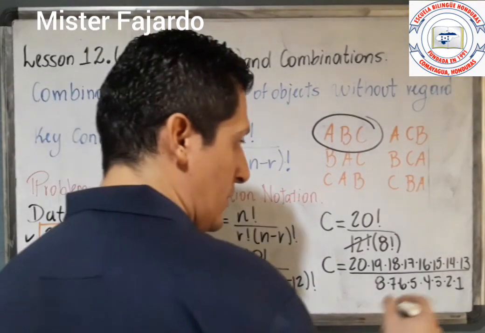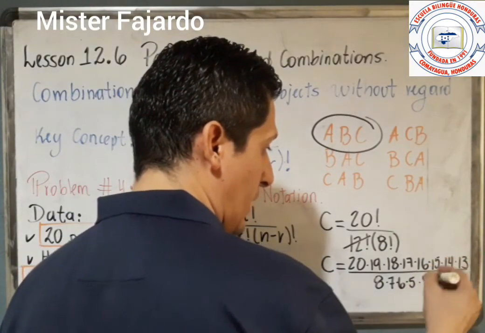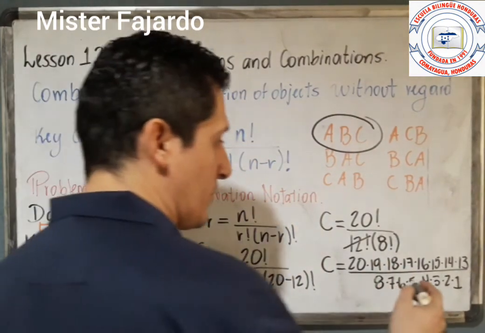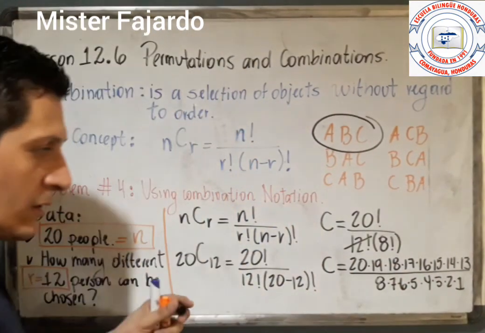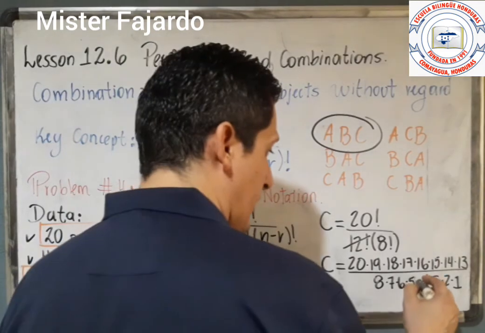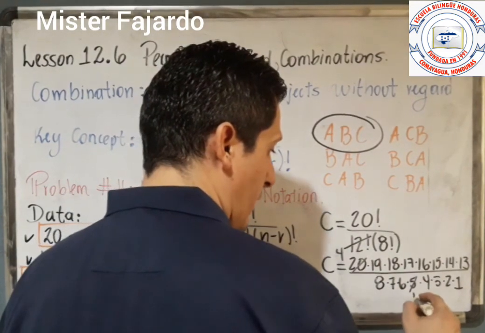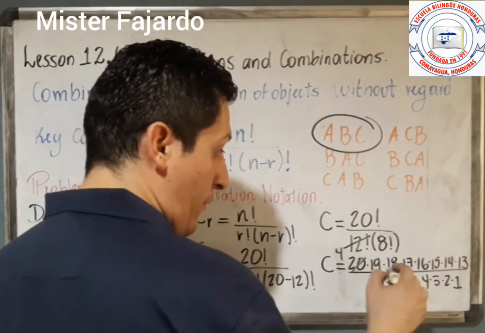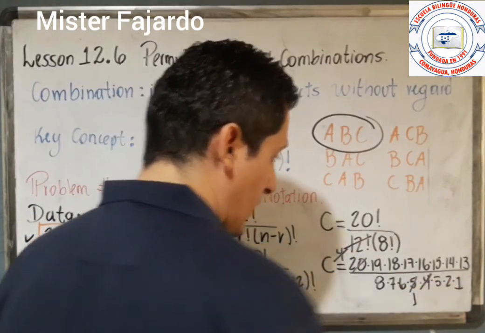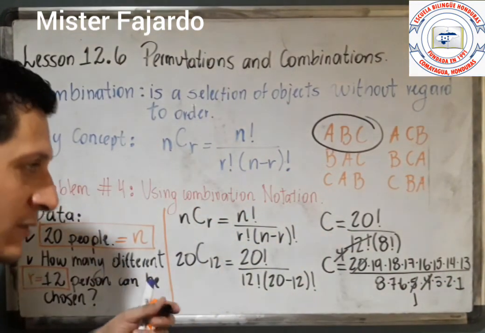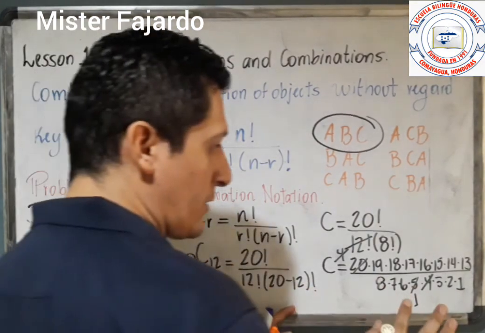You can also simplify some terms if you try. For example, you can simplify 5 with 20, and you are going to find factors that you can eliminate. If I divide 20 and 5, I'm going to have 4, and 5 and 5 is going to be 1. 4 and 4, I can eliminate these, okay? In that way, you can continue eliminating some terms.